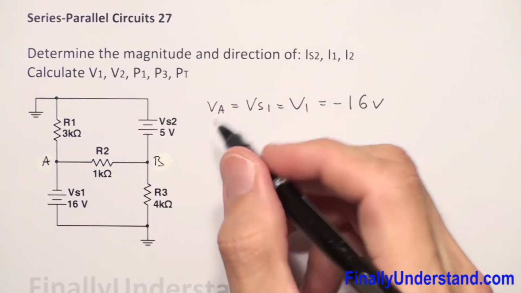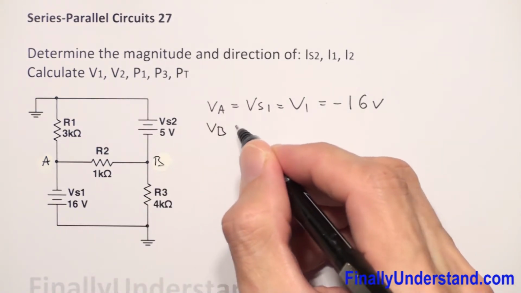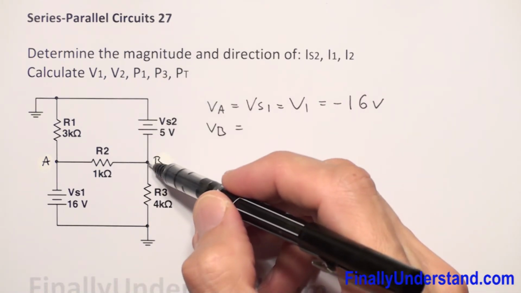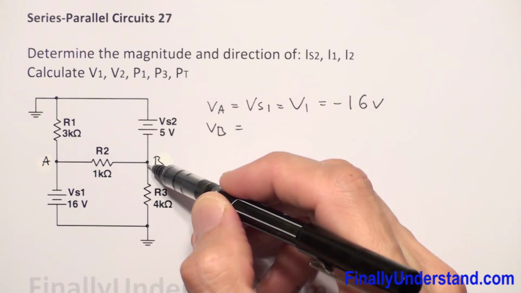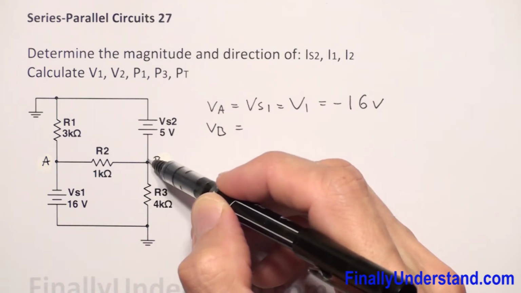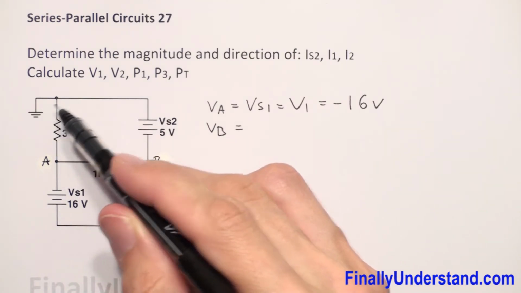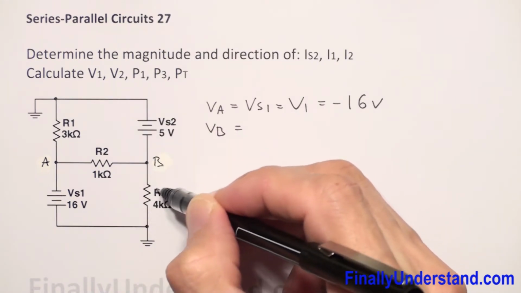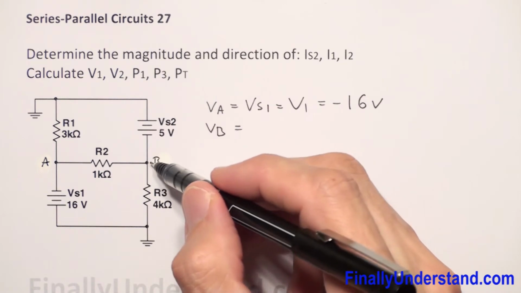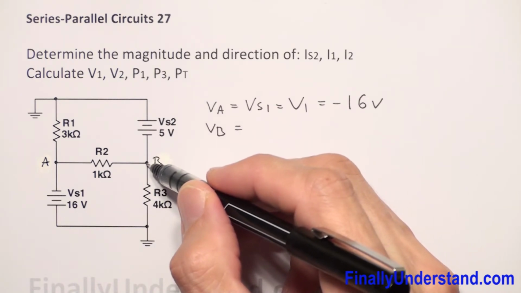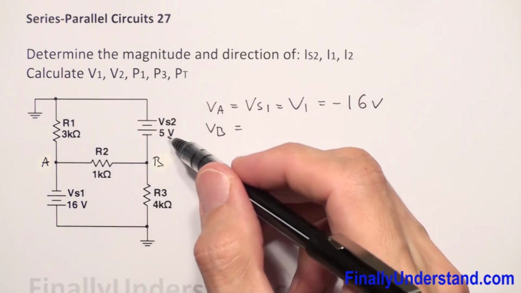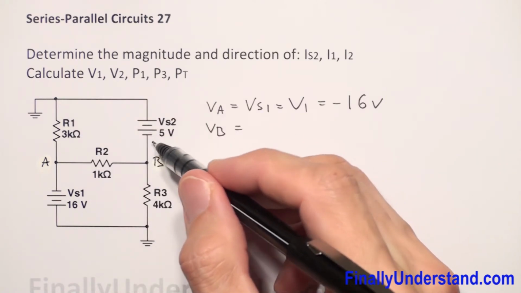VB is the voltage from this point to ground. I don't know the voltage across this resistor, but I know that the voltage from this point to ground is equal to negative 5 volts.